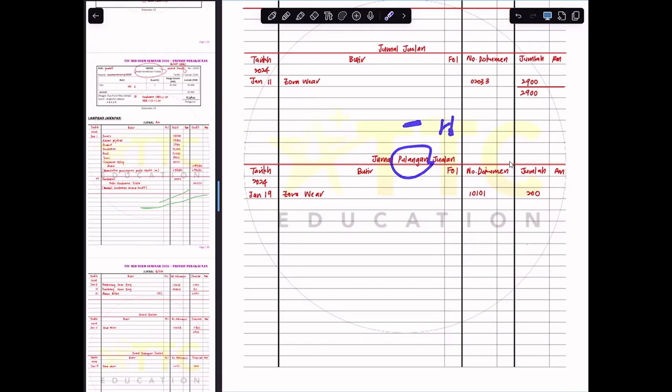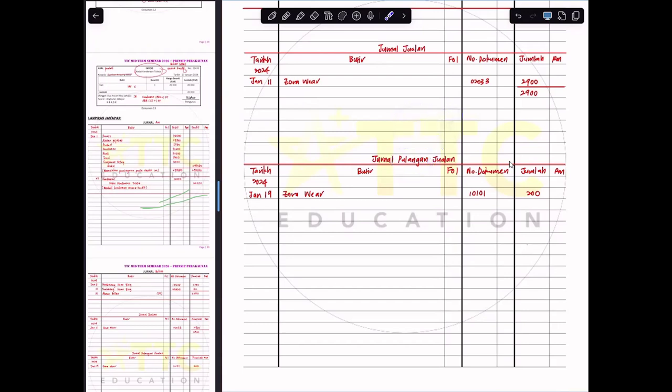Hasil by right is recorded into debit or credit? A, B, C, D, and now we got H. Hasil itself by right, debit or credit? By right credit. When minus? Then it becomes debit.